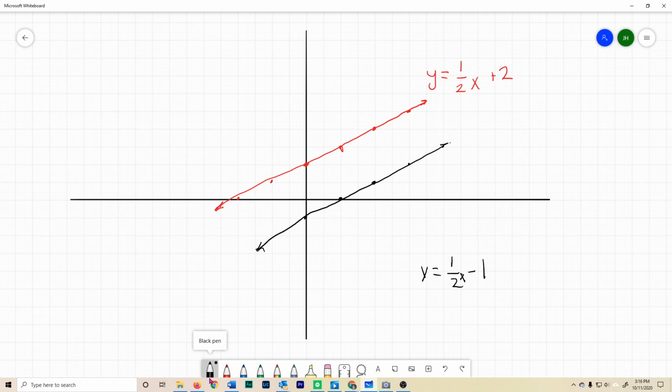I could just keep continuing these two lines forever, and you know what? They would never touch. So knowing that they will never touch, I can guarantee you that these two lines are parallel. Parallel lines never touch. So if two lines have the same slope, remember the slope is the fraction that's right before the x, if that slope is the same, they're parallel, they will never, ever touch.